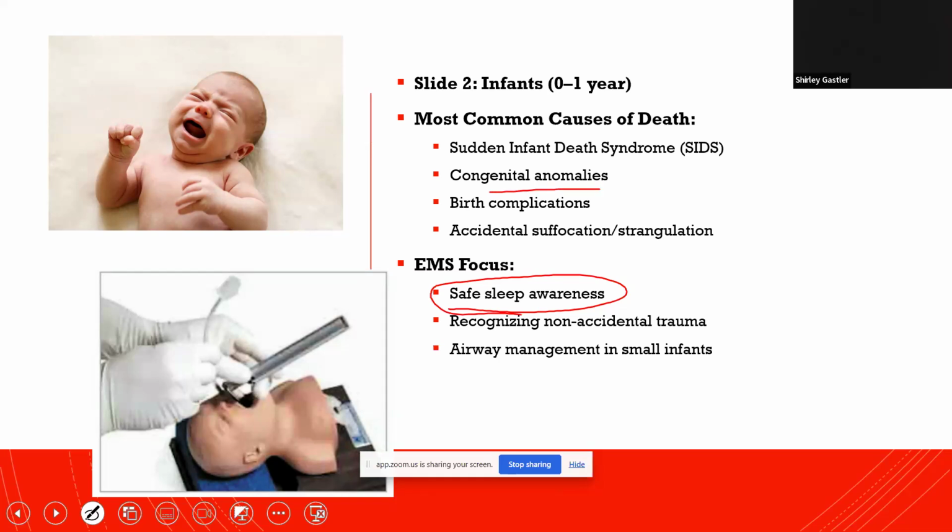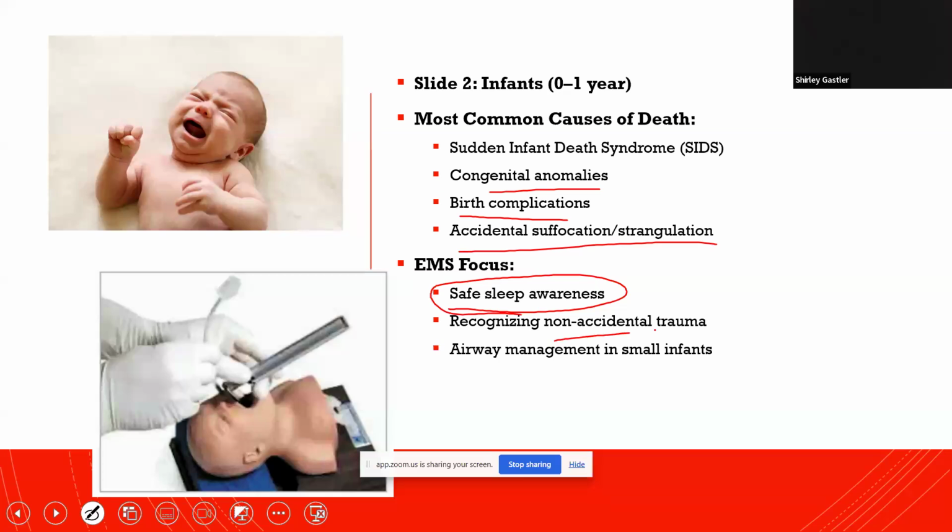Congenital anomalies are a big portion of young deaths, especially in the first year of life. Certainly birth complications and things associated with that. We get a lot of STARS kids that have to do with the birth. And then, of course, accidental suffocation and strangulation, so keep bags and small items away from children.